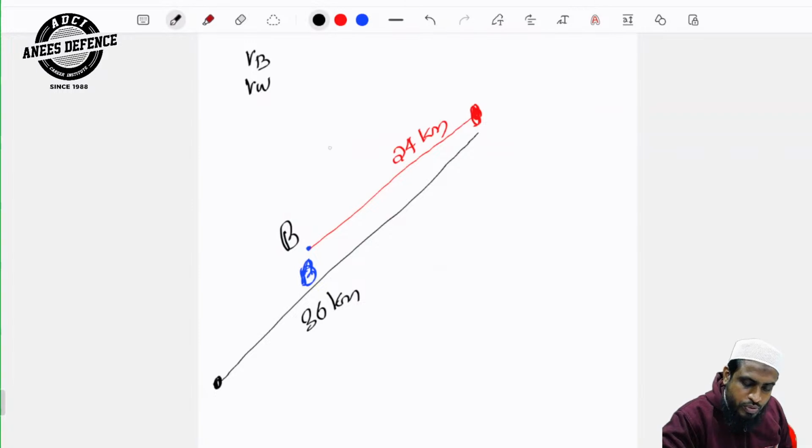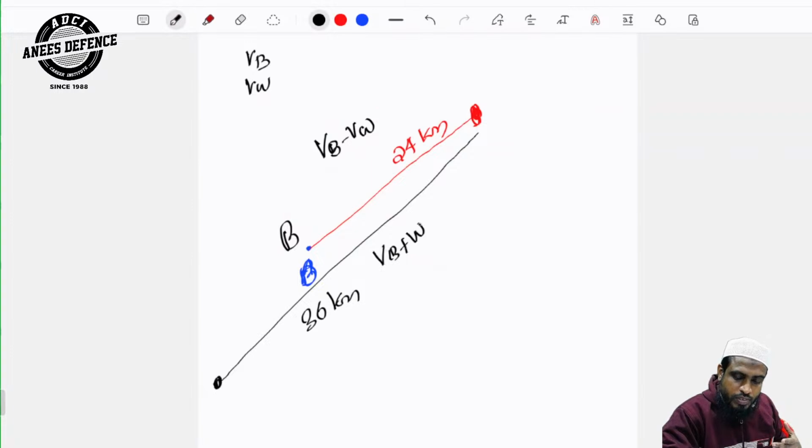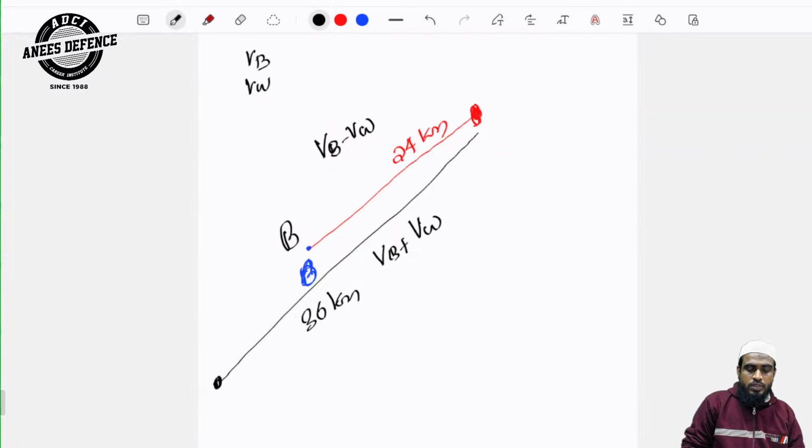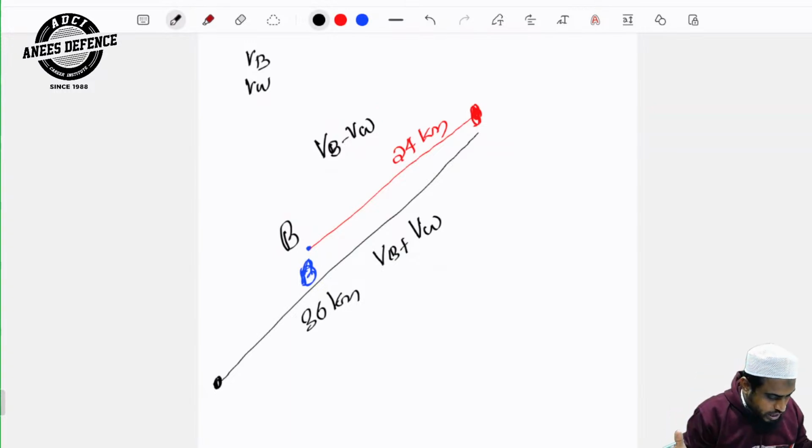So velocity in upstream will be VB minus VW. Velocity in downstream will be VB plus VW. The boat is moving 24 up and then 36 down. The total time taken is 6 hours.